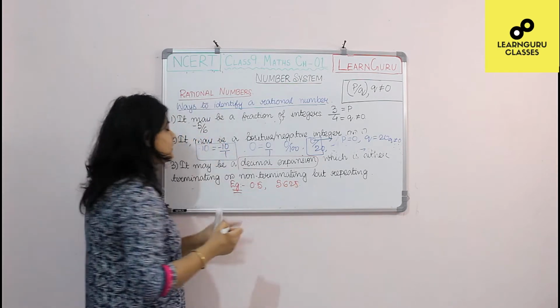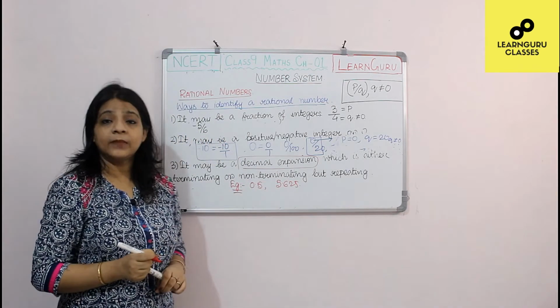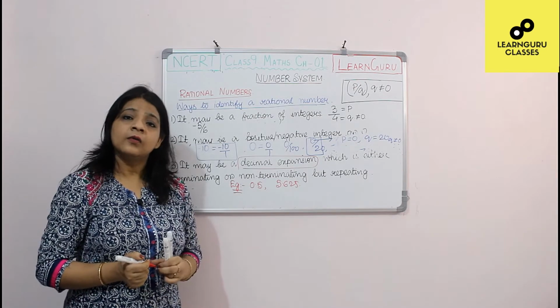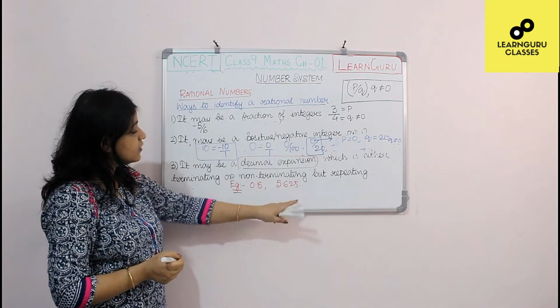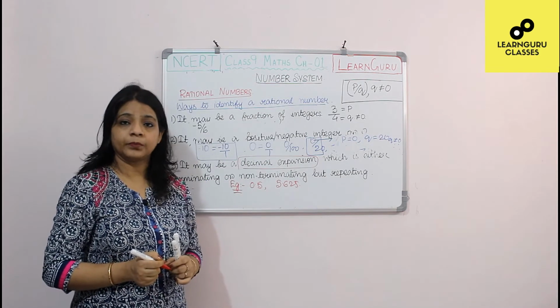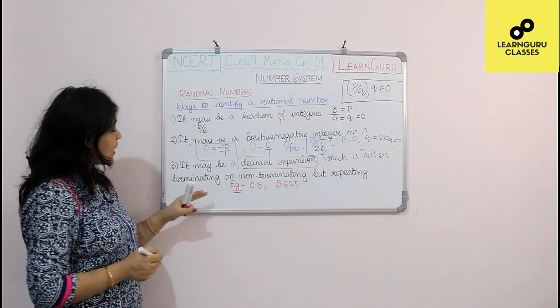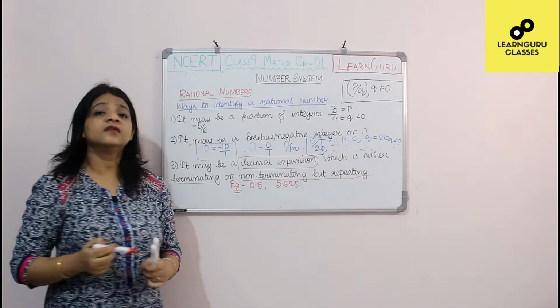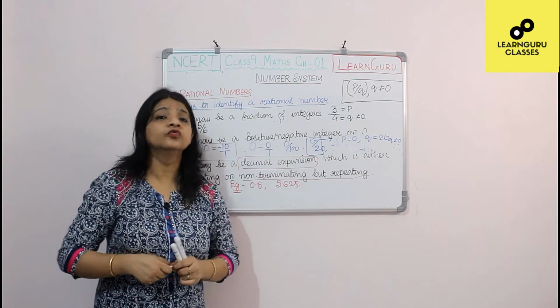So these are the examples of decimal numbers. So how this can be called as a rational number, because here also the same thing, we are getting only the p part, q part is missing. Yes, and if you come to this term, terminating or non-terminating but repeating, this is also very new to you.